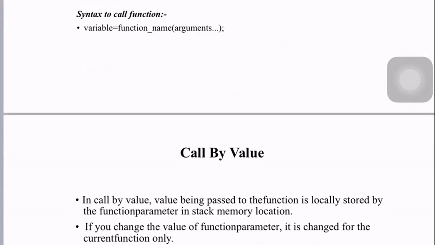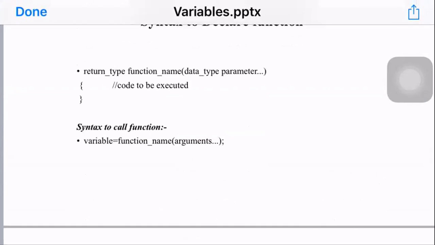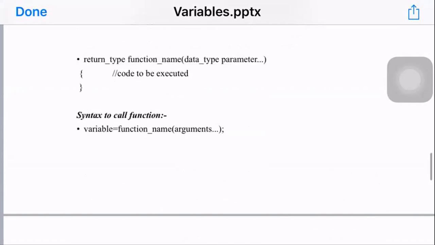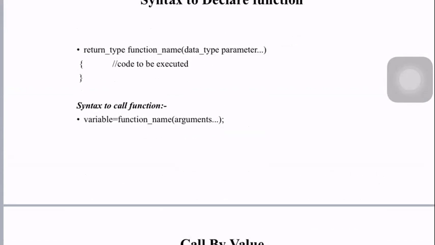In a function we can call by value and call by reference. Let me tell you about declaration. Declaring a function means a variable is equal to the function name and so on with arguments.